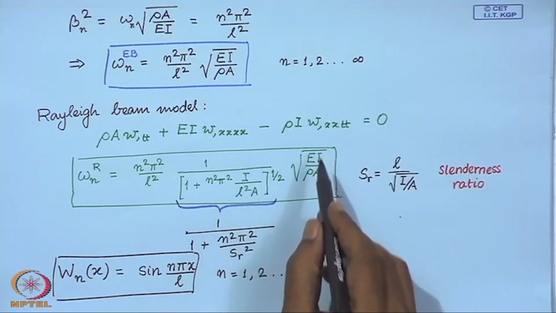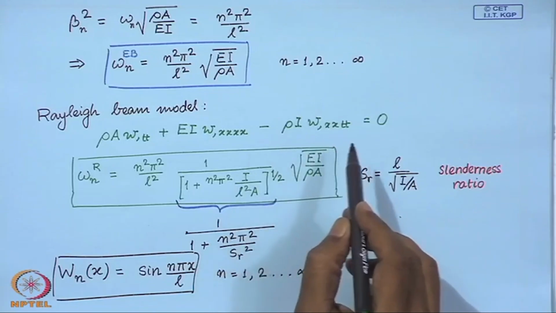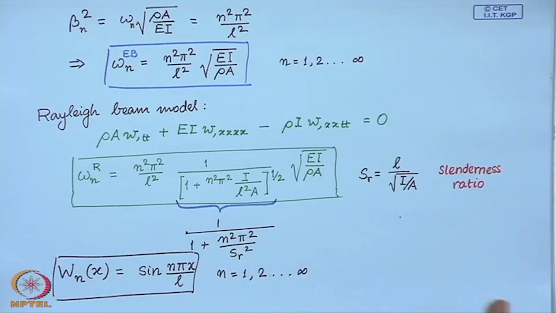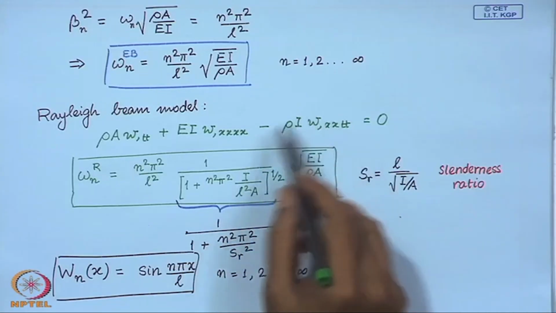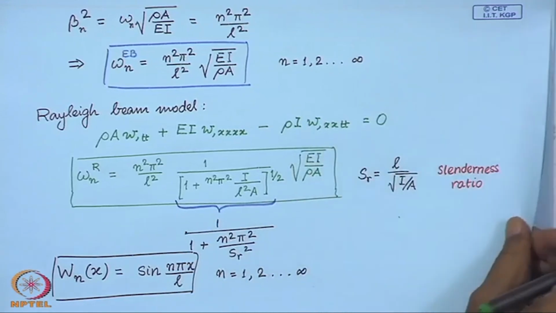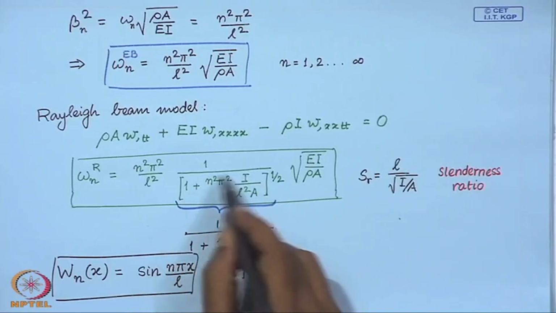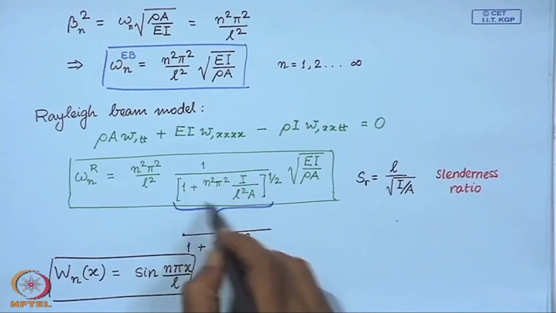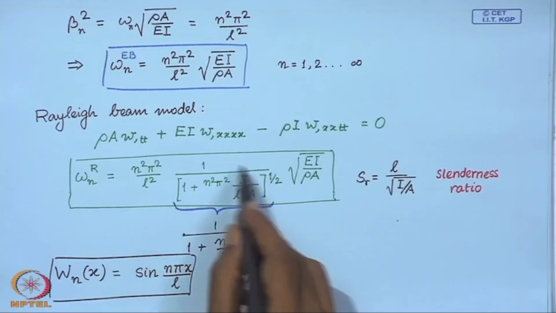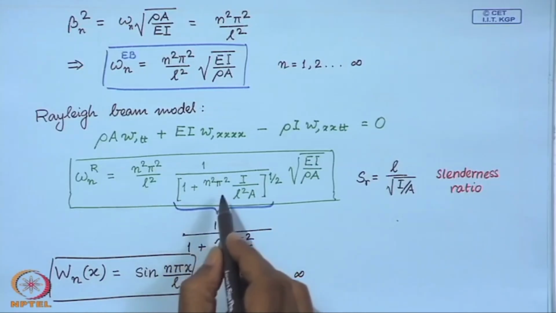So as you go to higher and higher modes, this term brings in an increased effect because of higher curvature and, of course, because of higher frequency. As you go to higher modes, this term becomes substantial, and that starts affecting the eigenfrequencies, which is not there for the lower modes.